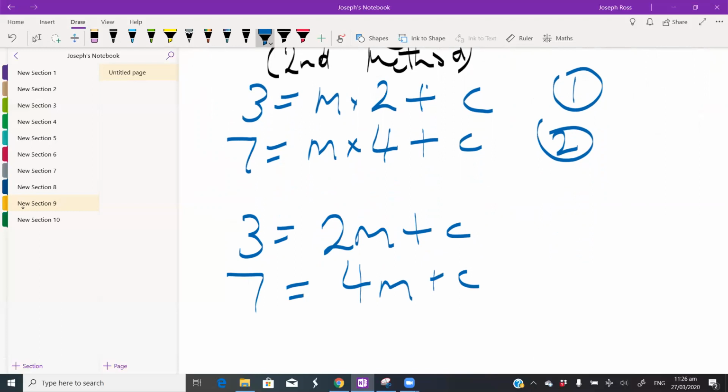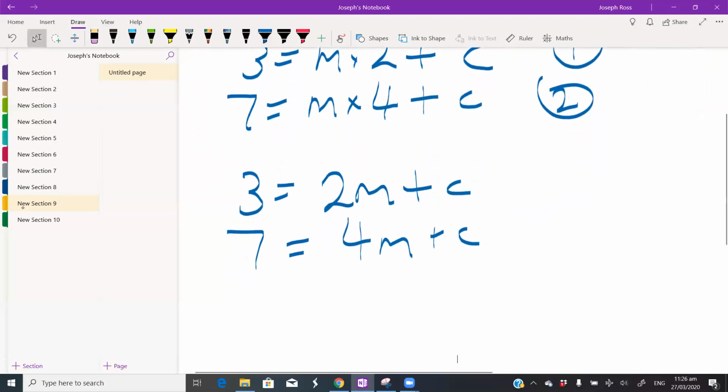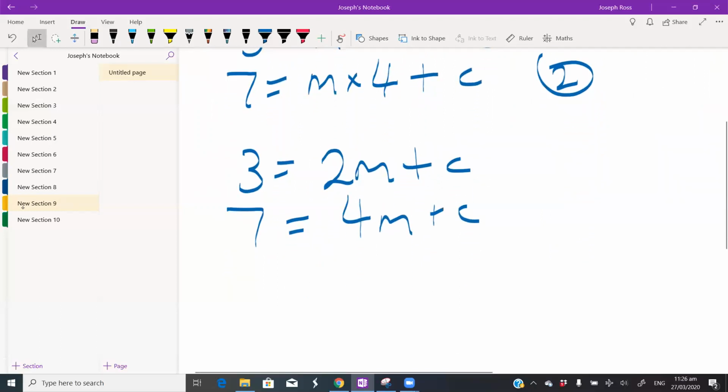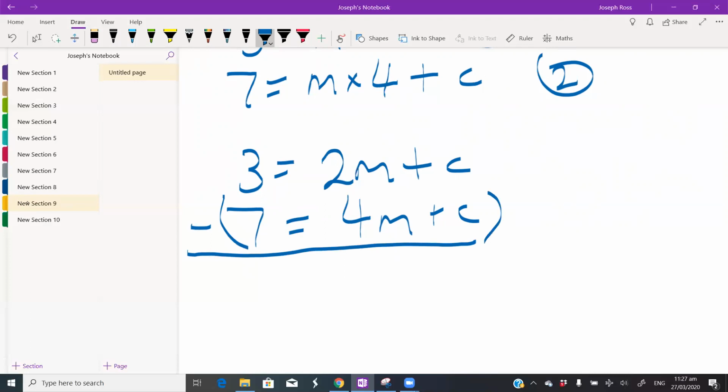Okay, a simultaneous equations problem from there, and we can proceed by either elimination or substitution. We notice that if we subtract the two equations from each other directly, that is going to eliminate c. It will therefore give us just one equation with one unknown, so that's what we'll do. So top equation minus the bottom equation.